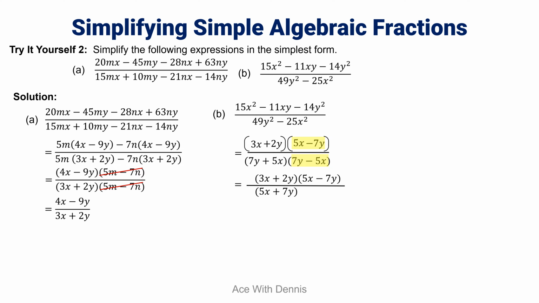For the second bracket at the denominator, first I'll put a negative sign in front and change the second bracket to 5x minus 7y. So from here, I can cancel out the 5x minus 7y. The answer becomes negative 3x plus 2y over 5x plus 7y.